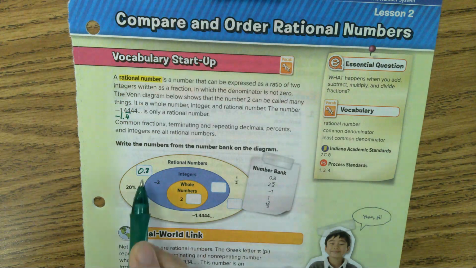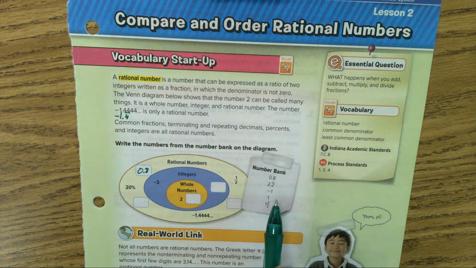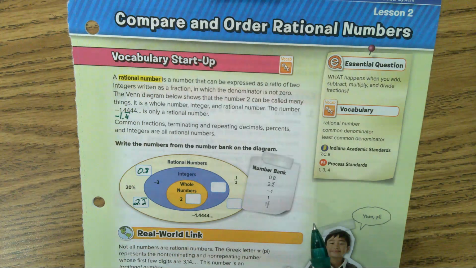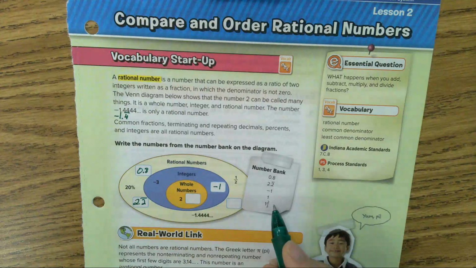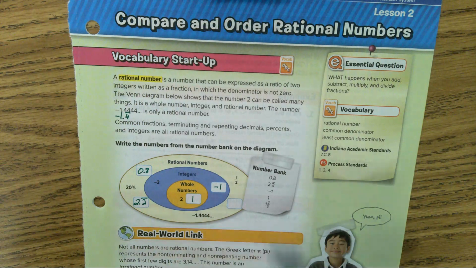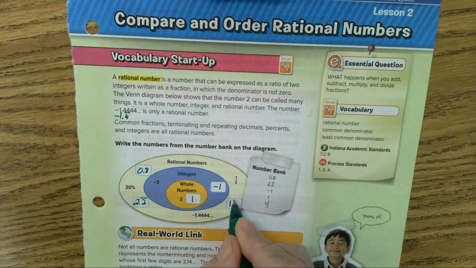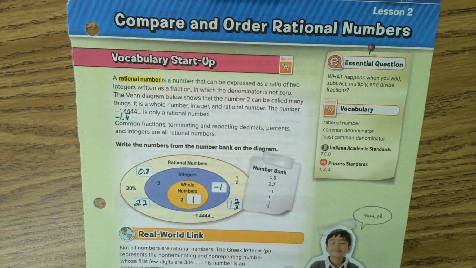Eight tenths would go in the rational numbers. 2 and 2/10 repeating will be a rational number. -1 is an integer. 1 is a whole number. And 1 2/3 is a rational number.